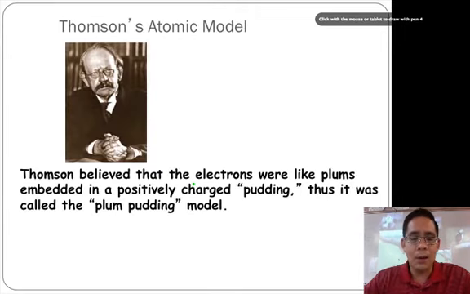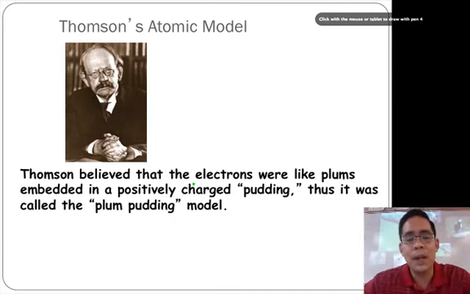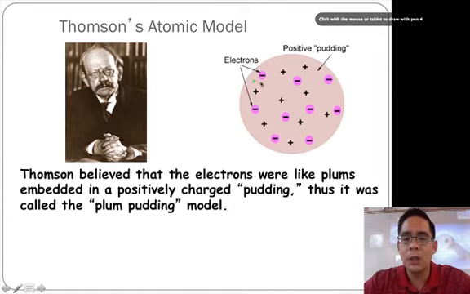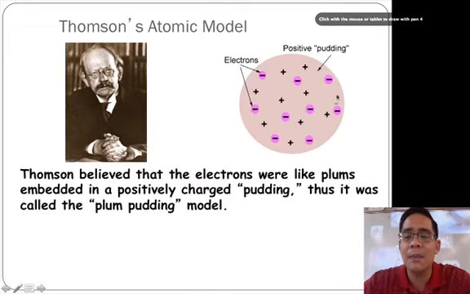Thomson's atomic model, because of all the work that he did, he believed that electrons were like plums embedded in a positively charged pudding. Thus it was called the plum pudding model. And so the picture of it looks like this. He knew that those electrons should be able to fly around. And so, since they had to come from somewhere, he believed they came from the atom itself.